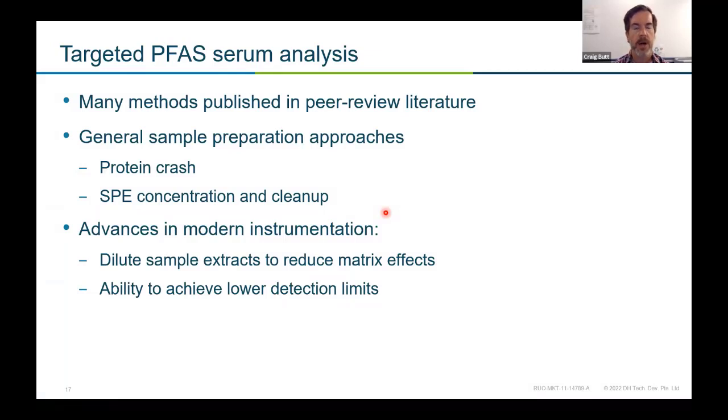But again, one thing with using advanced and sensitive technology is the ability to dilute out sample matrix effects, right? By getting that enhanced sensitivity to allow you to dilute out what may be still left over in that extract.